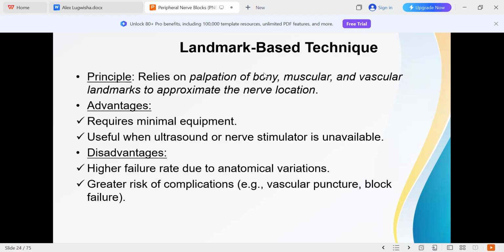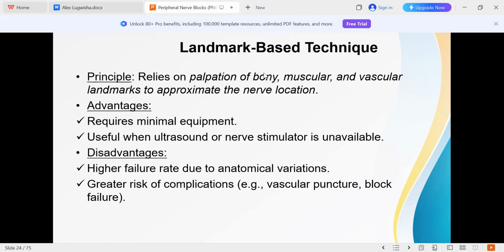The landmark-based technique relies on the anatomical landmarks, the palpation of the bone, muscular and vascular landmarks to approximate the nerve location. For instance, for a femoral nerve block, you want to use your inguinal crease and the femoral artery. The same thing applies for your axillary nerve block.